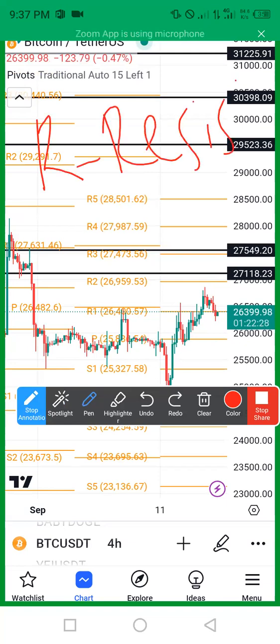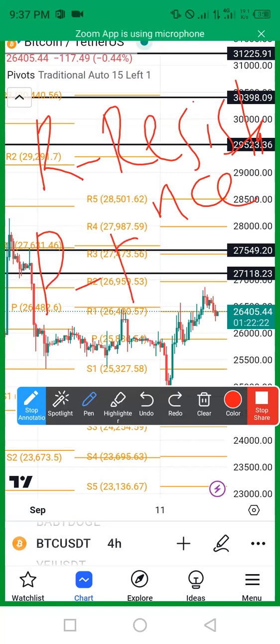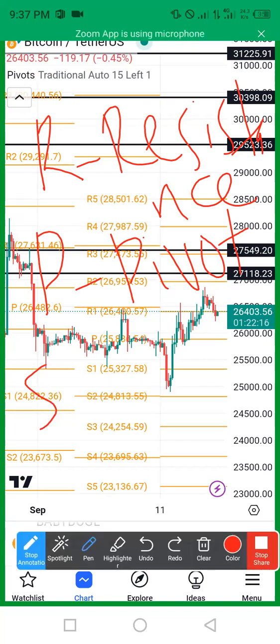P is called the pivot, and I'm going to explain what pivot is. And S is support. So when you put it in, it is going to draw for you the resistance and support areas automatically.